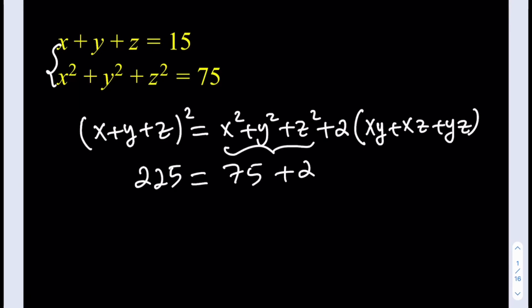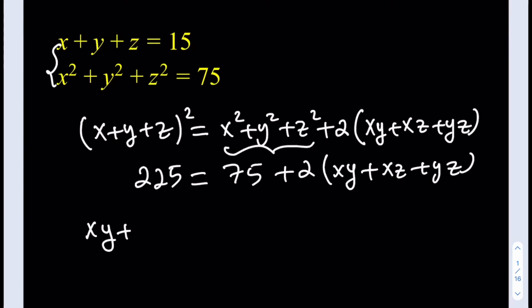From here, we can actually solve for xy plus xz plus yz. So subtract the 75 from the 225, that's going to be 150. Divide by 2. And you're going to get xy plus xz plus yz to be 75 as well.